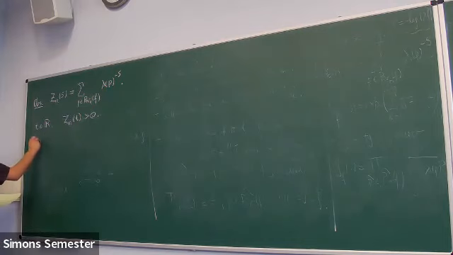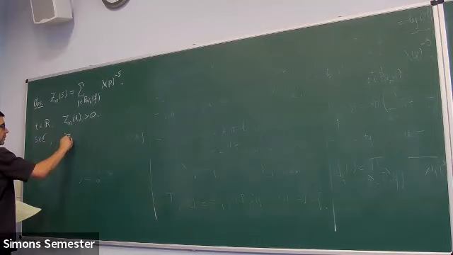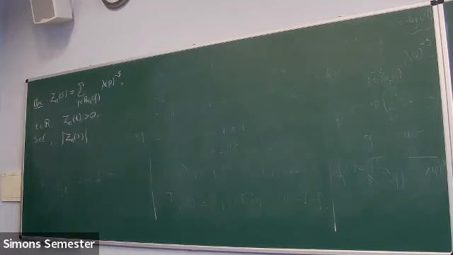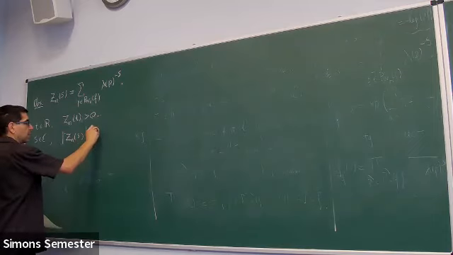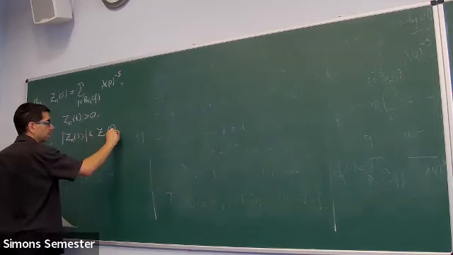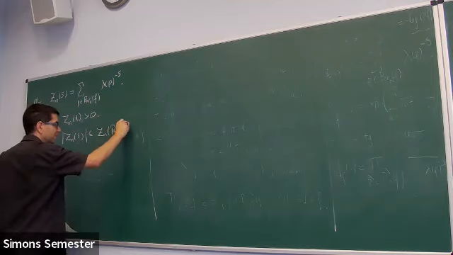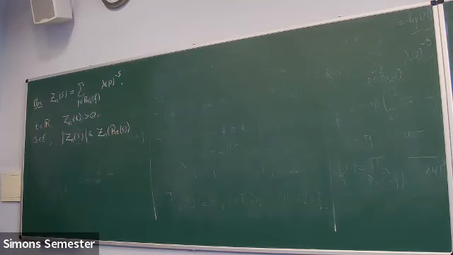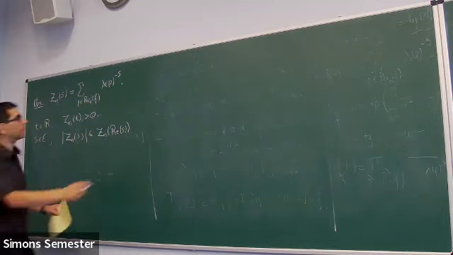So we have this easy bound, where the norm of this partition function is at most the one for the real part.